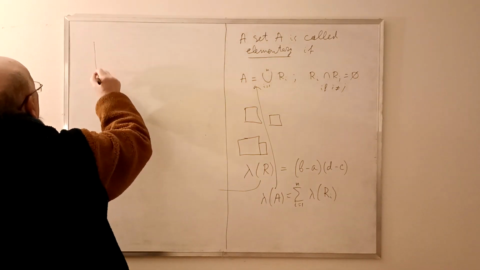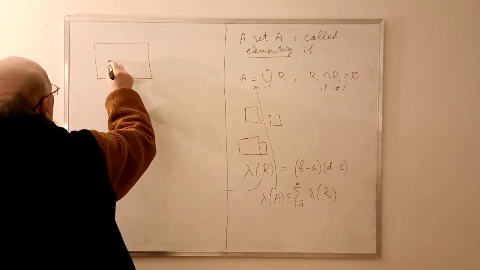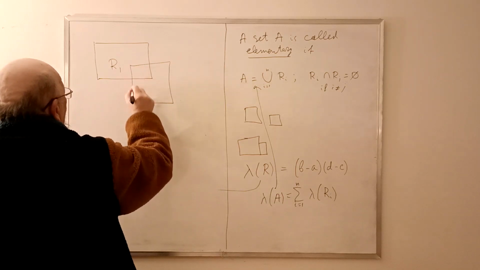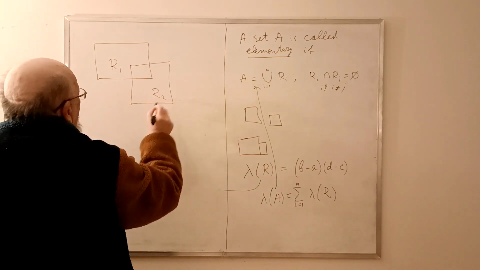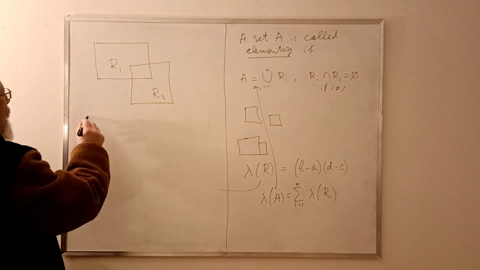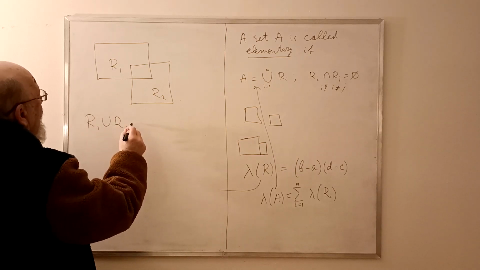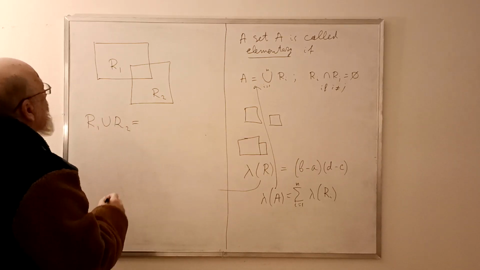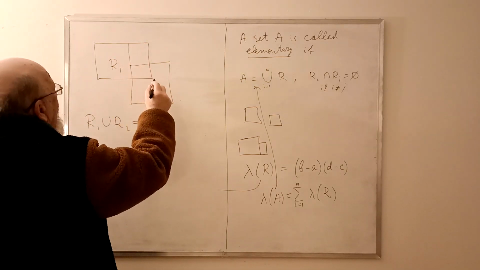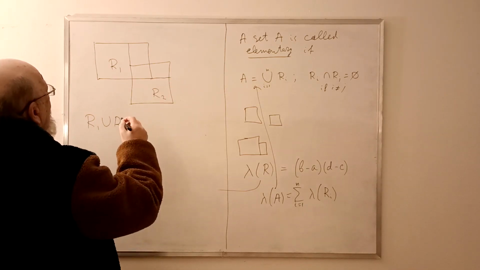This is R1, and this is, say, R2. Two rectangles, and their union R1 union R2, we have to subdivide into smaller rectangles.